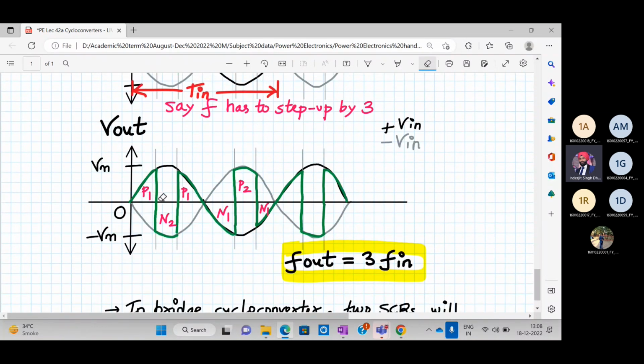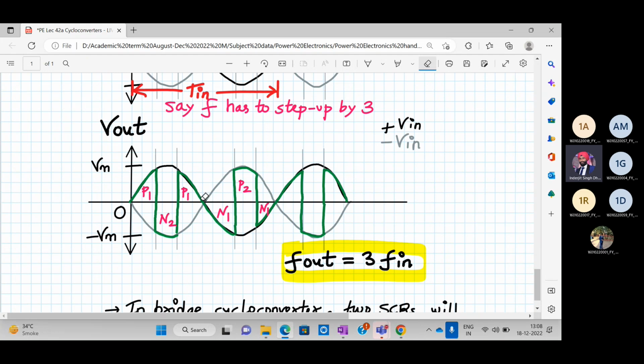Now after that, from this period to this period, your P1 SCR is conducting, and then from this period to this period, your N2. These are the firing angles, which I'm dividing with. The green portion of the waveform is the output waveform. From 0 to this value, your P1 SCR is conducting, then N2 is conducting in a negative half cycle.